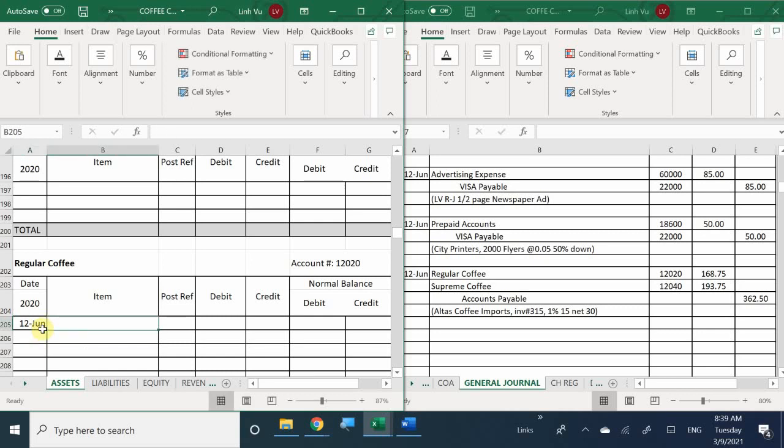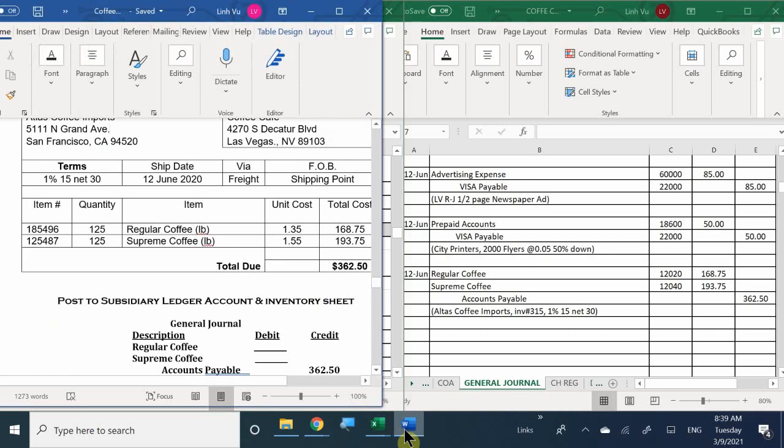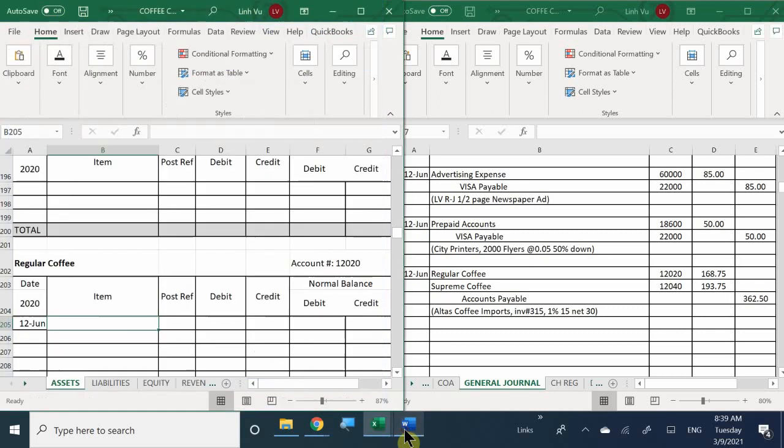So in this case, how many pounds of the regular coffee did I buy? 125. So here, I'm going to write that I purchased 125 pounds, LBS. Okay.